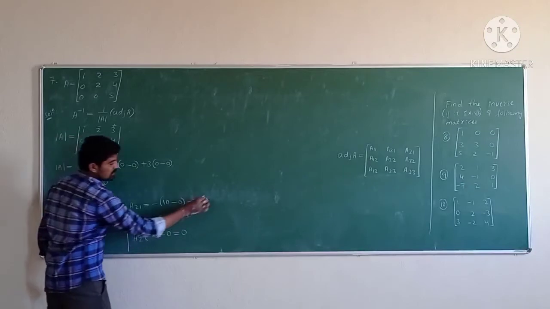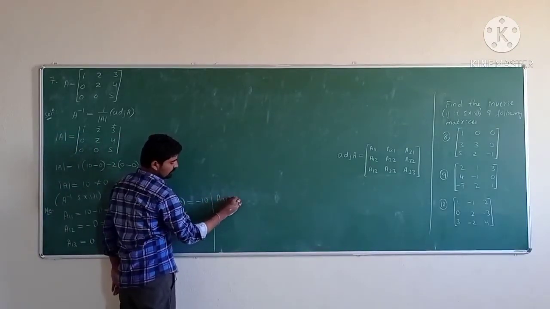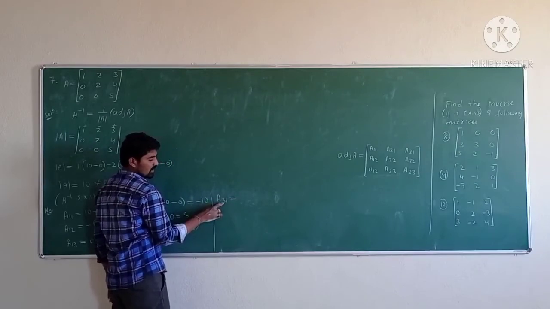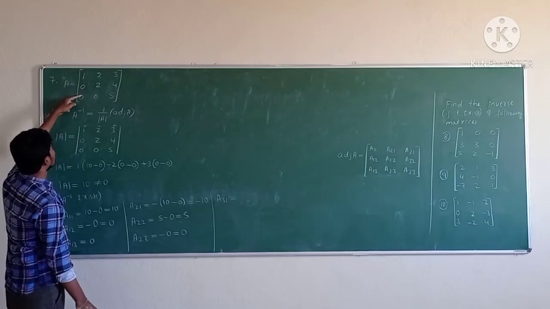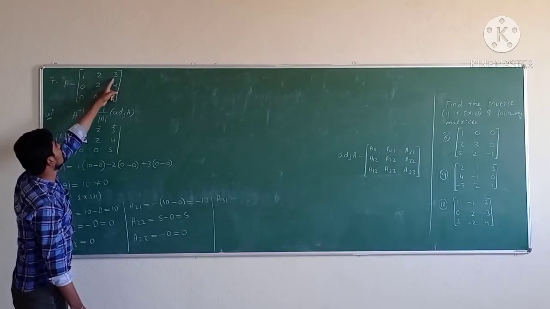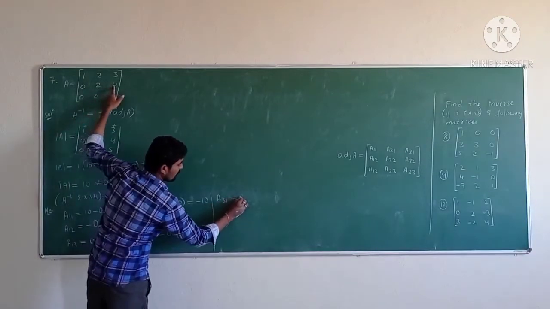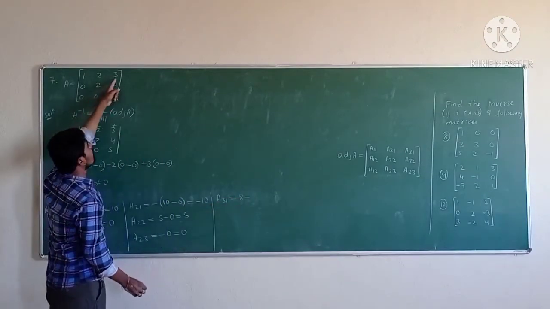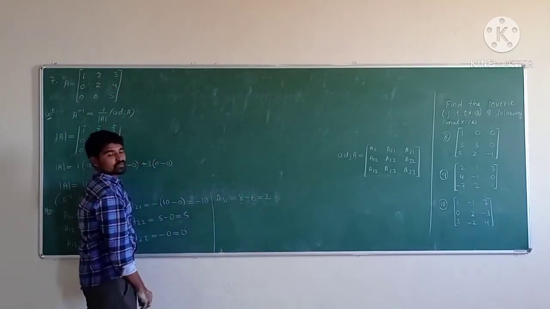And next A31 is obtained by deleting the third row, first column. After deleting this third row, first column, remaining elements 2, 3, 2, 4, 2 into 4 is 8, minus 2 into 3 is 6, so 8 minus 6 is equal to 2.